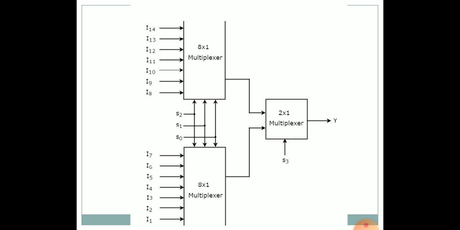For a 2 cross 1 multiplexer, we make use of 2 inputs but only one selection line, which we denote here as S3. The final output will be Y.